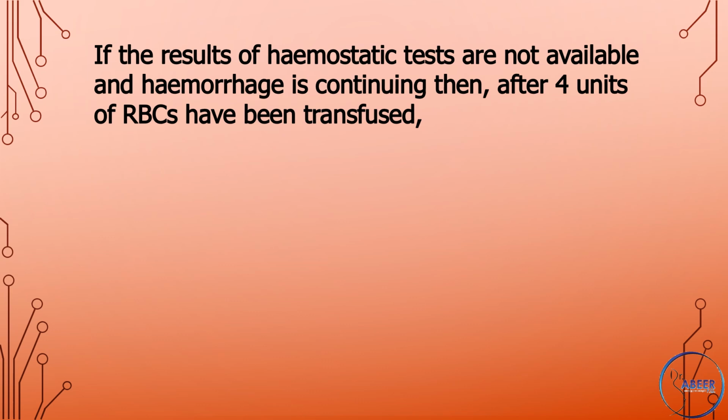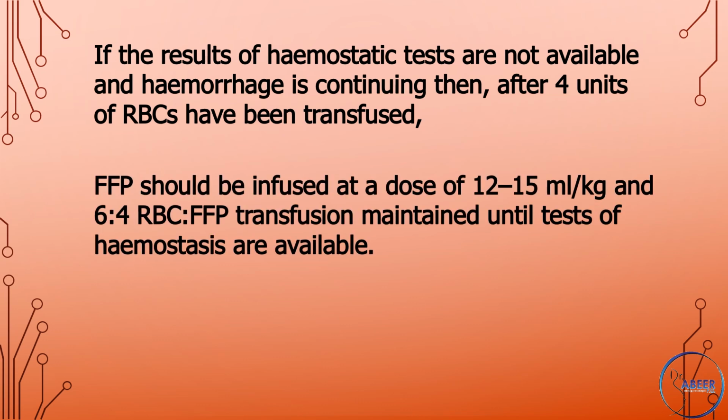and hemorrhage is continuing, then after 4 units of RBCs have been transfused, FFP should be infused at a dose of 12 to 15 milliliters per kilogram and a 6 to 4 RBC to fresh frozen plasma transfusion ratio maintained until tests of hemostasis are available.